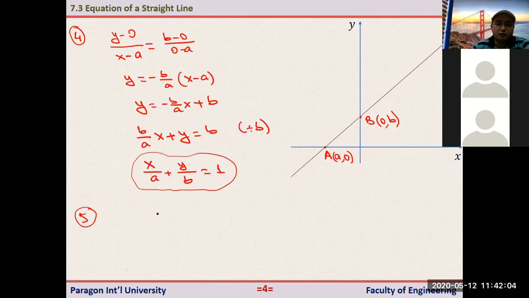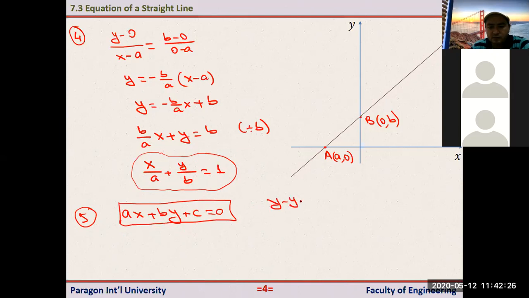How about the general form? The general form is ax plus by plus c is equal to 0. And this is the general form. How can I write the general form? Again, using y minus y1 over x minus x1 is equal to, let's say, m.